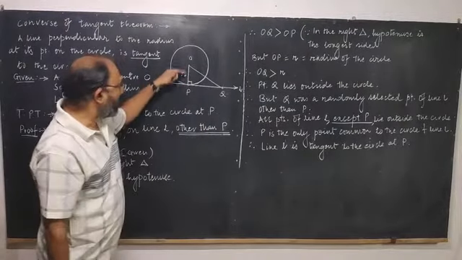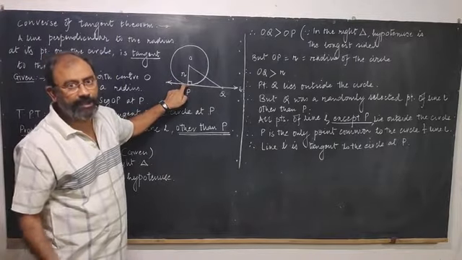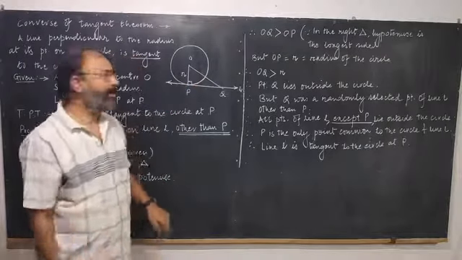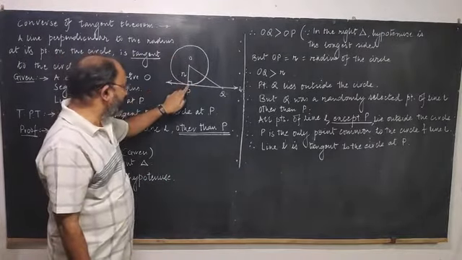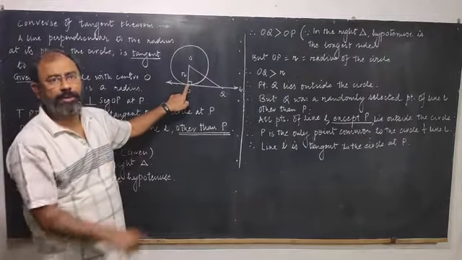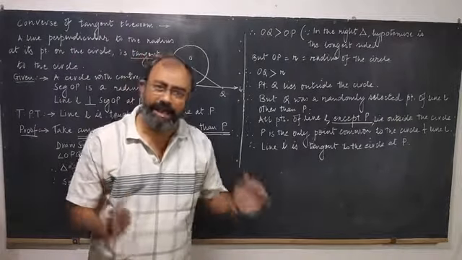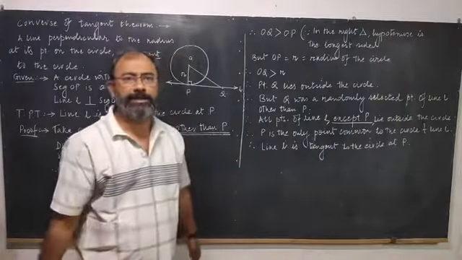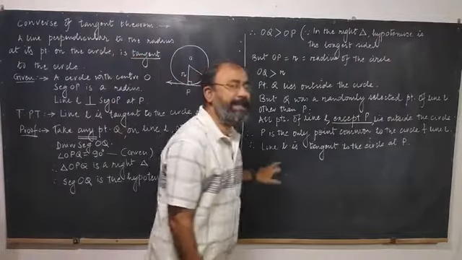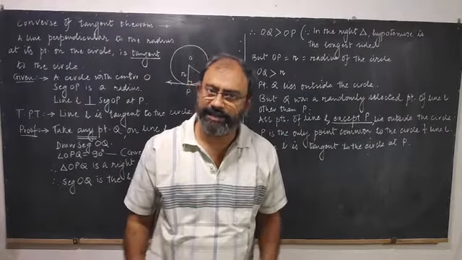P is the outer end of the radius, therefore it is on the circle, and line L is perpendicular to the radius at P. P में से line जा रही है, so P is the only point which is common to the circle and the line, and therefore line L is tangent to the circle. Is that very clear?